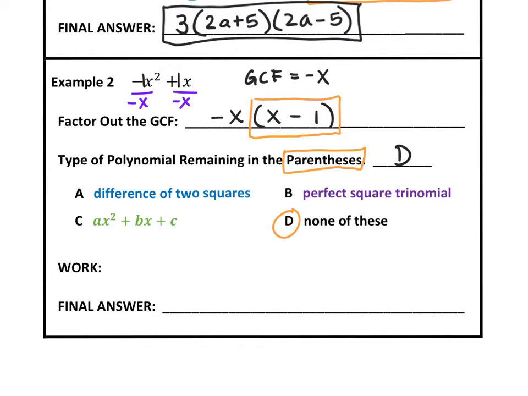So I'm going to put D. It's D, none of these. And so there's no work to be shown other than what we did when we took out the GCF. So again, this is not a prime answer because we were able to take out the GCF. So this is my answer, the answer that I got when I did the first process.